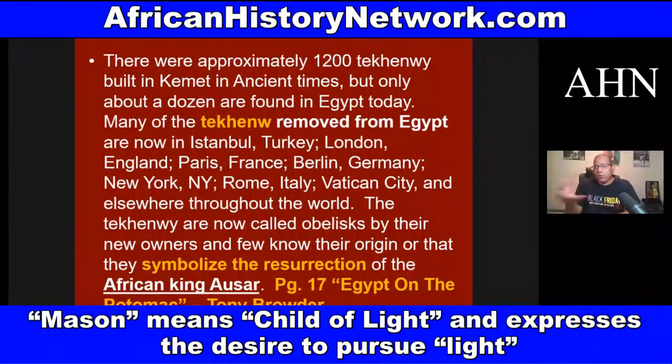They're just associated with wherever they are. Yes, they were stolen, but people won't associate them with the Nile Valley region of Africa or with African people. The Tekhenu are now called obelisks by their new owners, and few know their origin or that they symbolize the resurrection of the African king Asar.